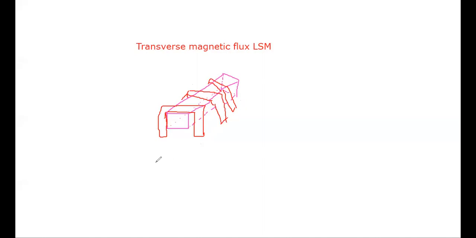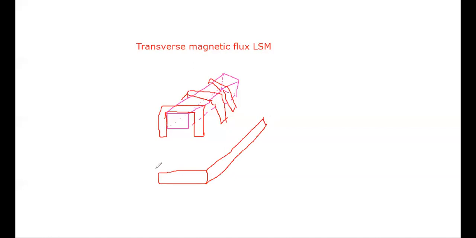Coming to the secondary, what happens here? We are discussing a permanent magnet type of linear synchronous motor, and we should not forget that. Why are we going for a permanent magnet type? In order to increase the power density of the motor.